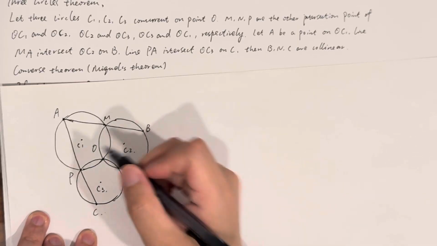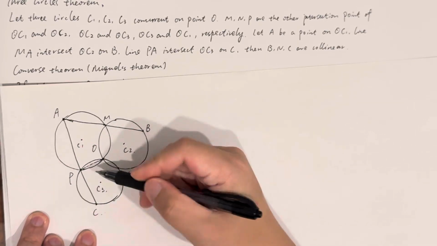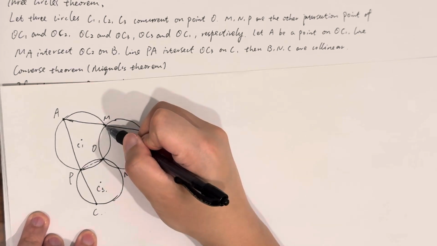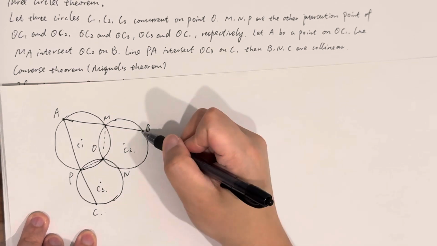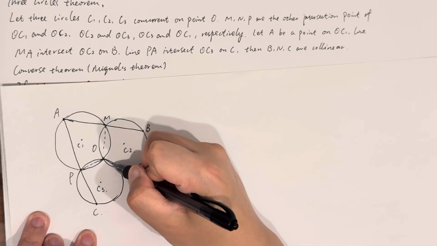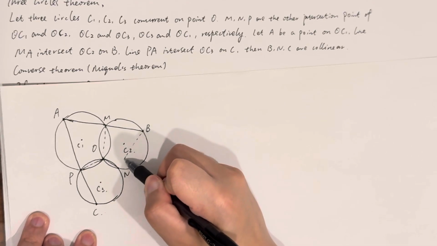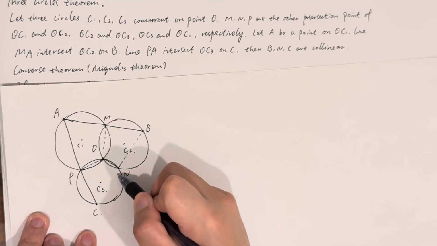So to prove this theorem, we just need to connect PO, connect MO, and connect ON, and connect NB, and then connect CN.